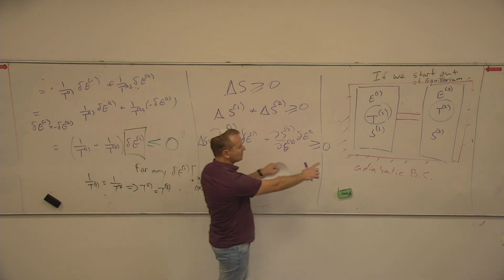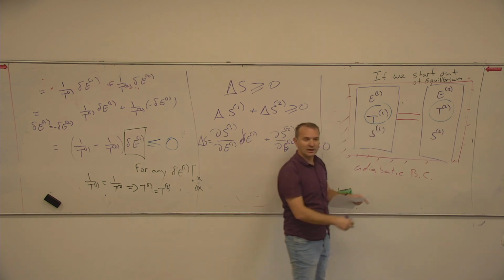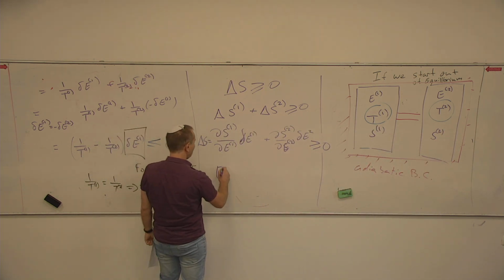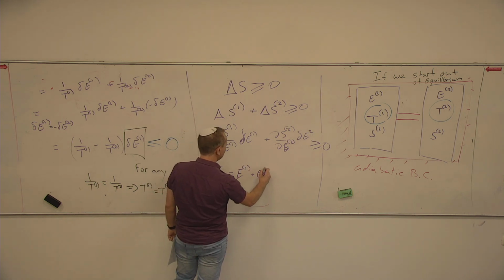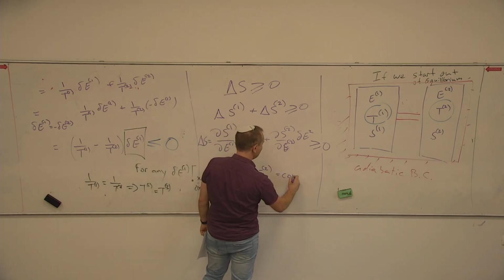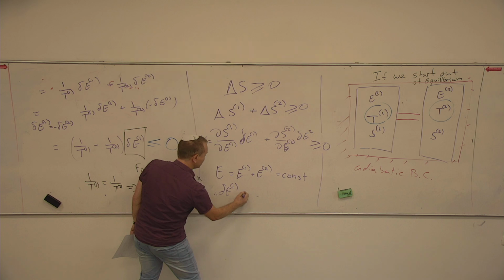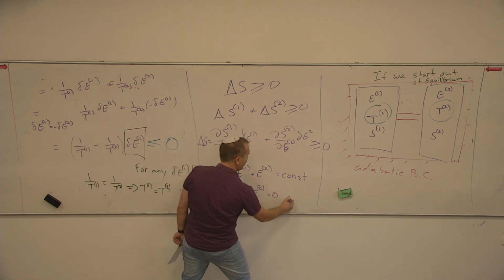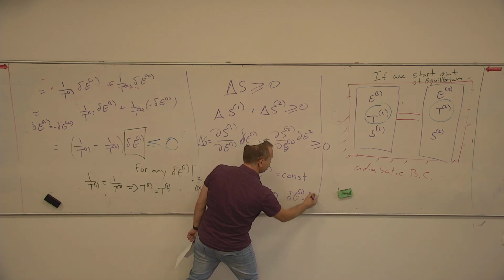Again, the total energy, there is no escape of the energy to the outside. I assume that the energy is extensive, so the total energy E equals E1 plus E2 and is constant. This means that delta E1 plus delta E2 equals 0, and delta E1 equals minus delta E2.